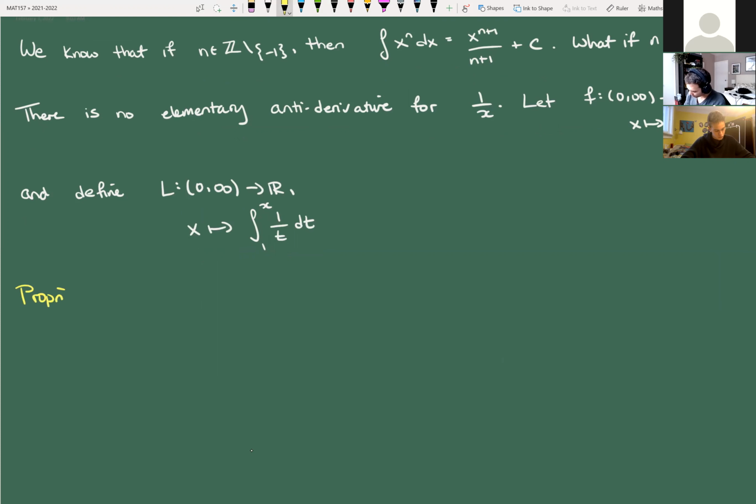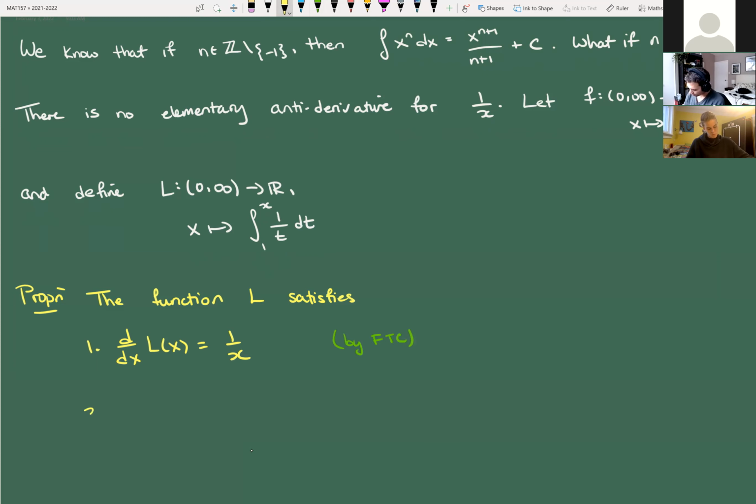So proposition: the function L satisfies, all right, so 1, the derivative is 1 over x. Okay, and I'm actually not going to prove this because all of these results are immediate. But let's just discuss why they're immediate. So this is by FTC. Right, the derivative of the integral is whatever the integrand is.